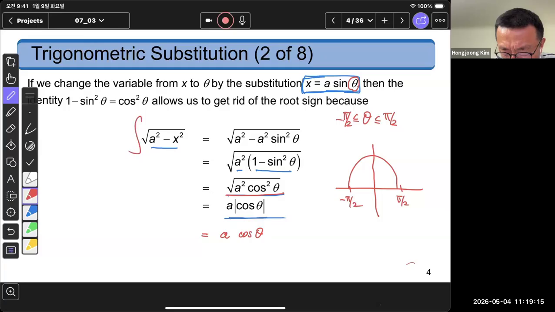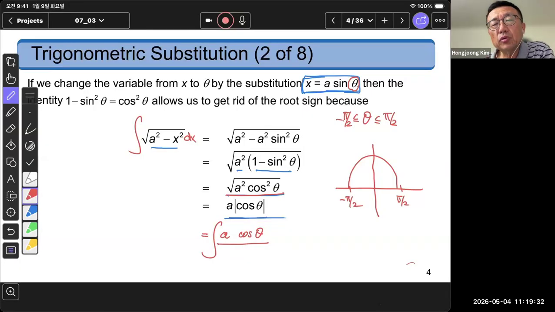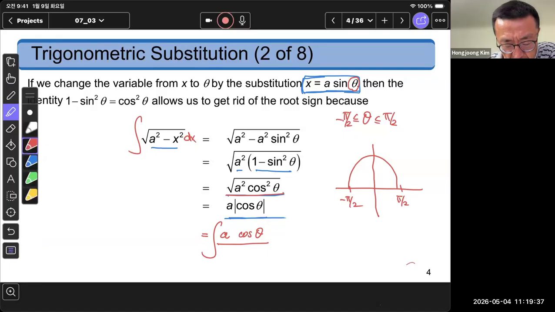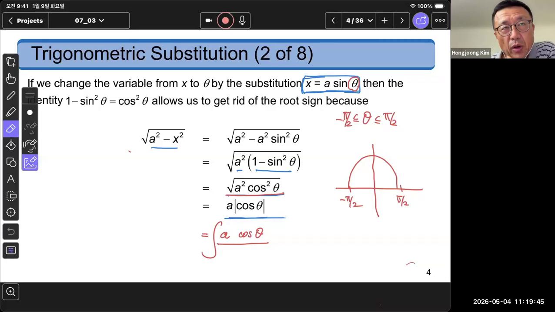The integration of this will be handled in terms of the integration of cosine theta. I will continue next time and explain in more detail, but the idea is this. When I have the square root of a squared minus x squared type, I substitute x with a sine theta.